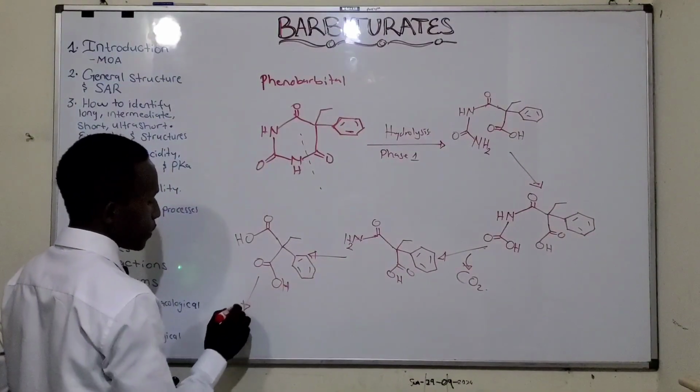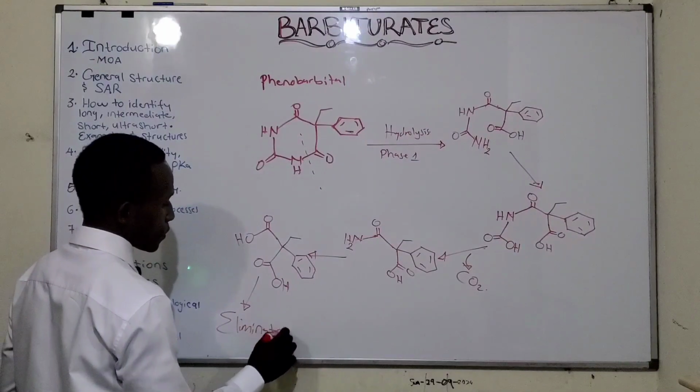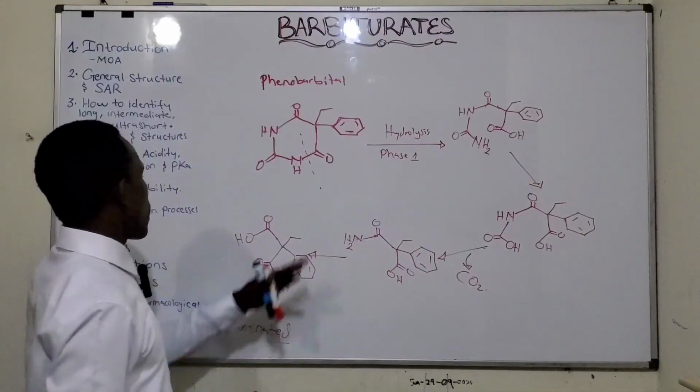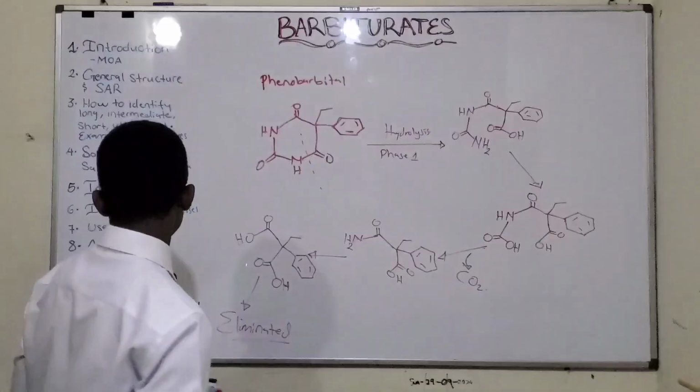Now this one can be eliminated. So those are the general metabolic pathways for these barbiturates.